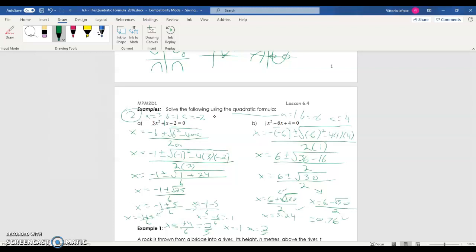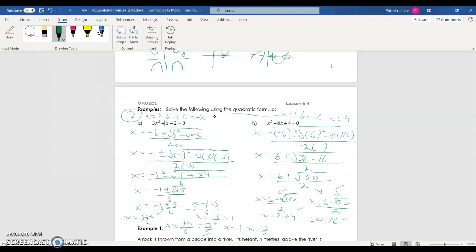In the cases where you'd have no roots or one root, you would notice you would have a square root of a negative number in there. So if you have a square root of a negative number, that would result in you not obtaining a root.